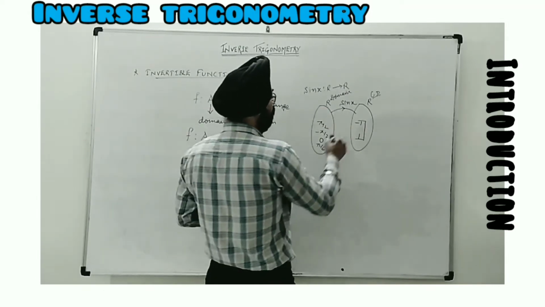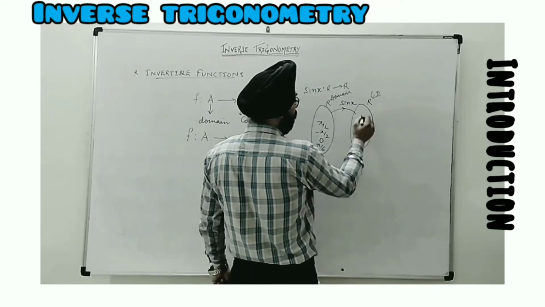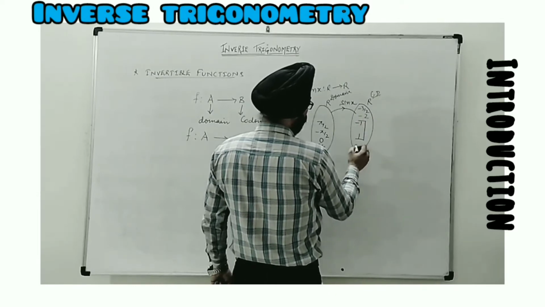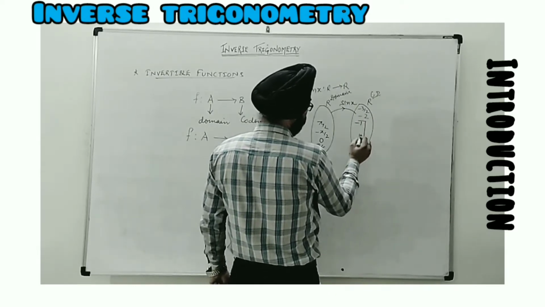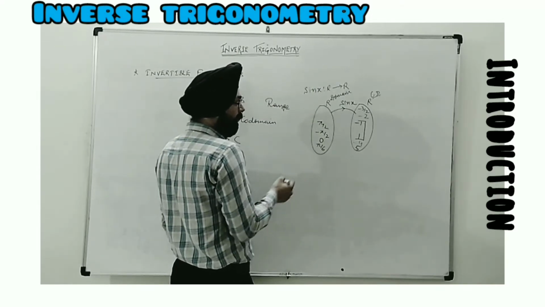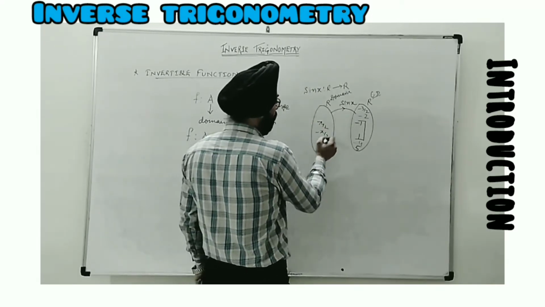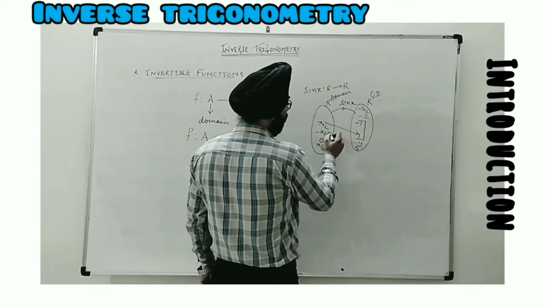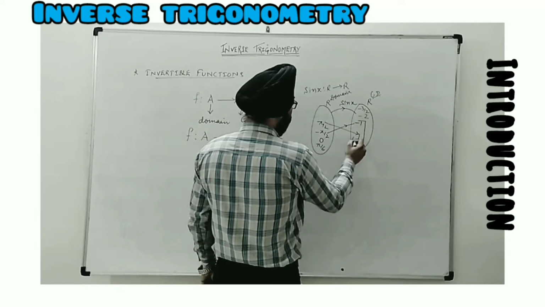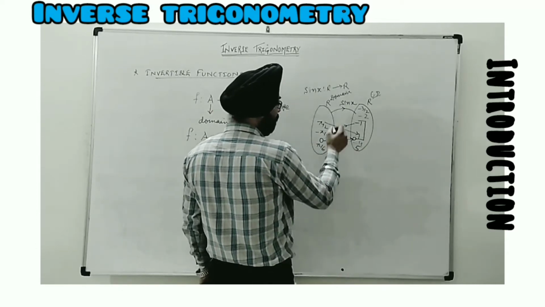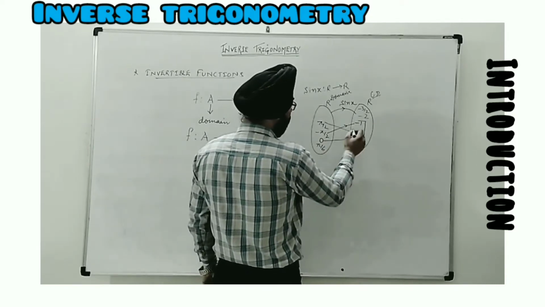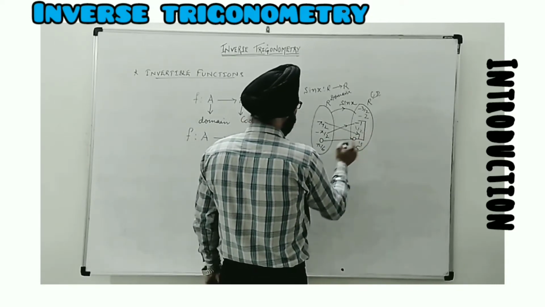If I mark some other values in the codomain, like minus 2, minus 3 by 2, minus 4, plus 5, we see that when I make images, pi by 2 has image 1, minus pi by 2 has image minus 1, 0 has image 0, and pi by 6, which is 30 degrees, has image 1 by 2, somewhere between them.